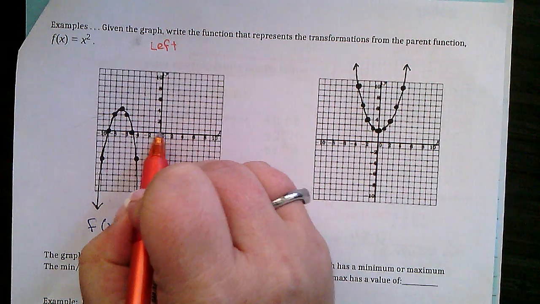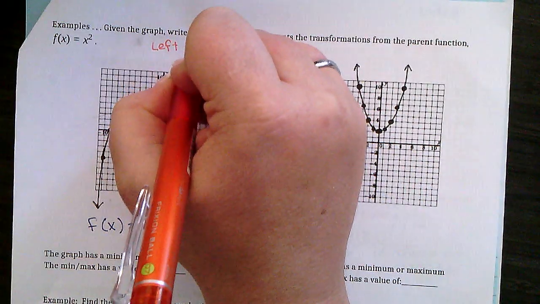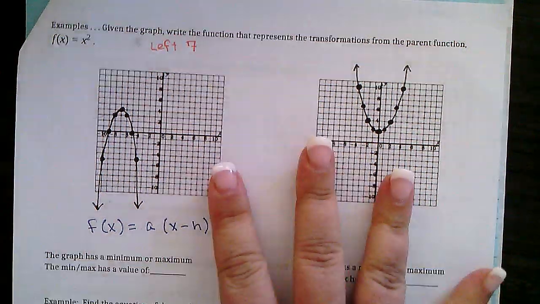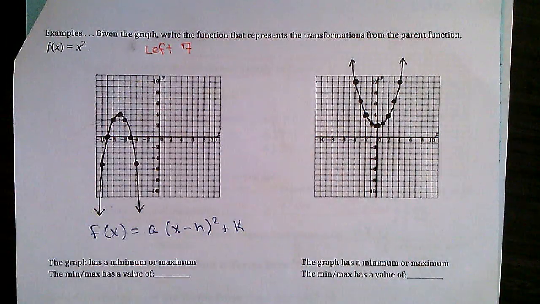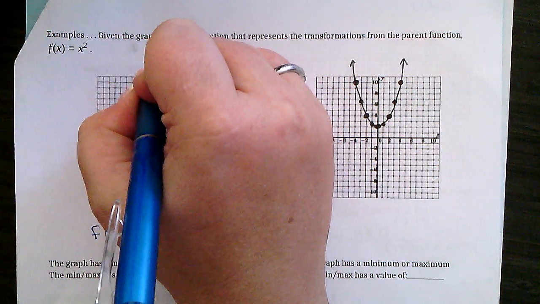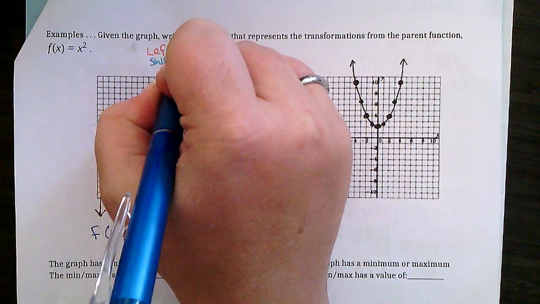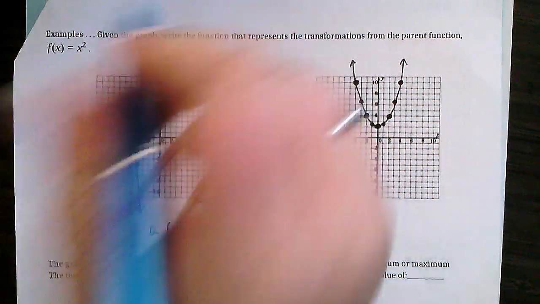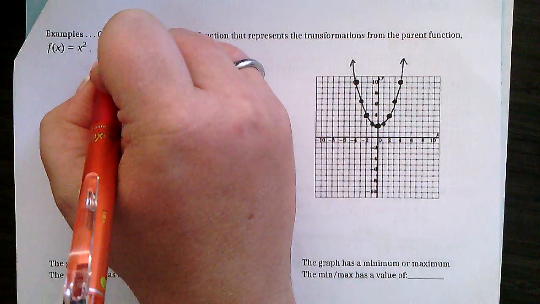Looks like left 7. And then it also looks like it has moved up, so we are going to have a shift up. Up 1, 2, 3, 4. Shift up 4. Sorry, this was a shift left 7.